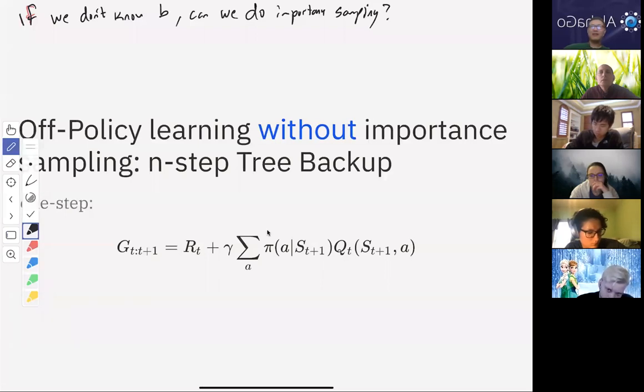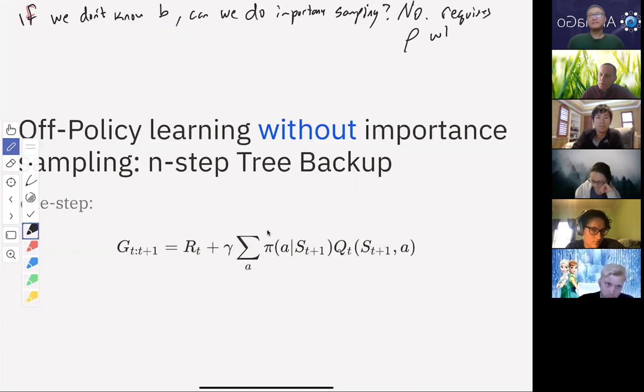It seems like our previous formulation depends on the ratio of pi to b. Well, actually, this slide is without importance sampling, so my question isn't, can we do it at all? It's, can we do it with importance sampling? Yeah, with importance sampling it will be impossible. So the answer is no. It requires rho, which requires b.